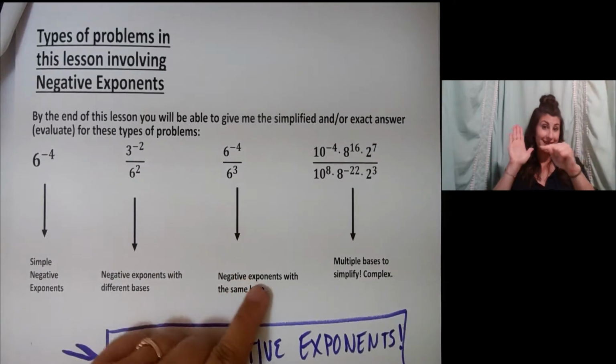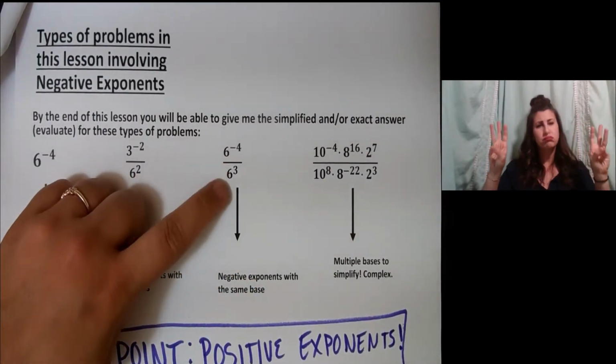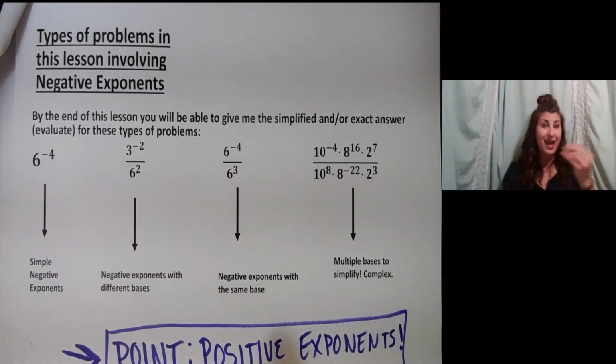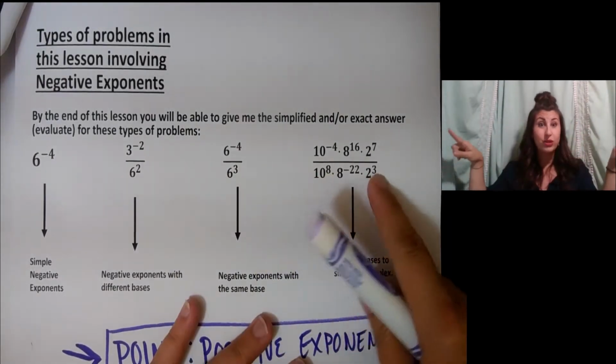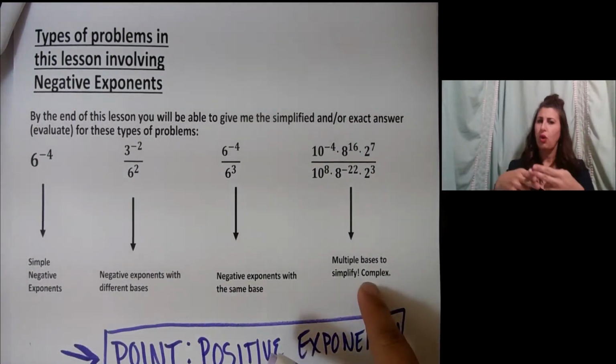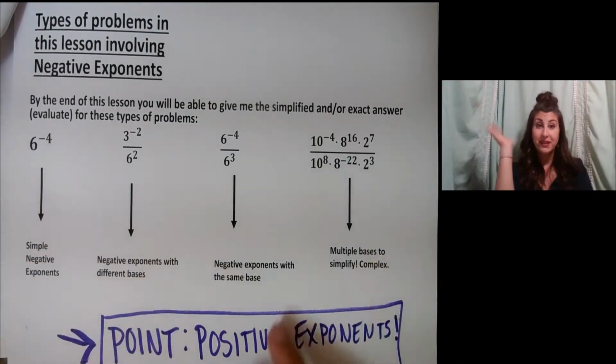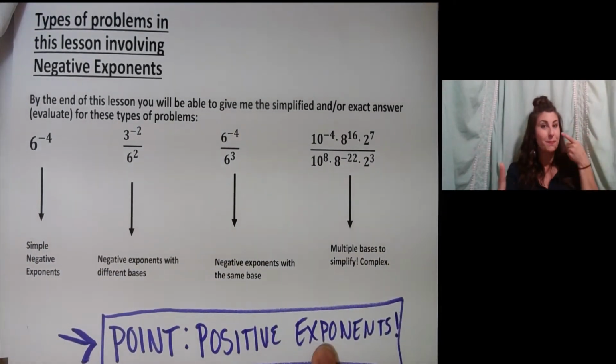Here, negative exponents with the same base, 6, 6, those are the same bases. And what about if I have multiple bases to simplify? That's what I'm considering complex. Again, the whole point of this lesson is to make positive exponents.